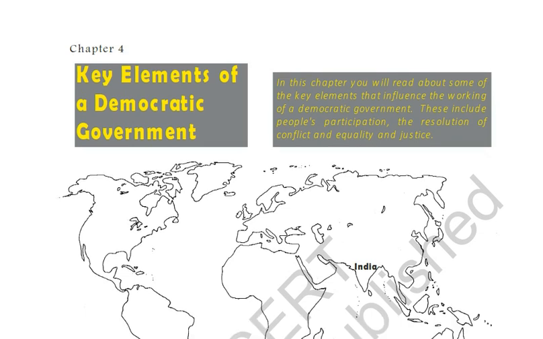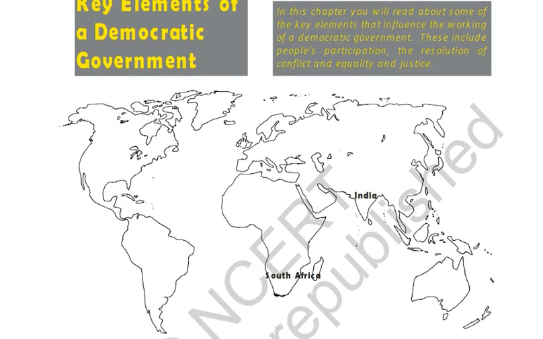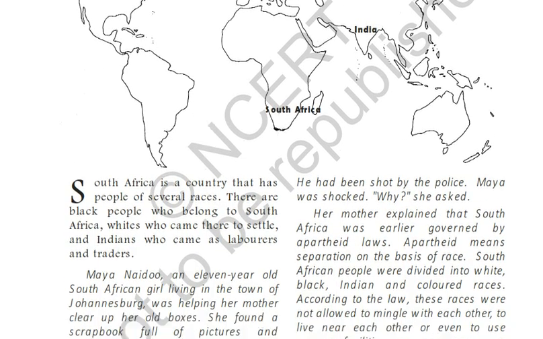Here you will see the beautiful picture of a world map. Here you will see our Hamara Pyara India, and here you will see South Africa. So let's read. South Africa is a country that has peoples of several races. There are black people who belong to South Africa, whites who came there to settle, and Indians who came as laborers and traders.